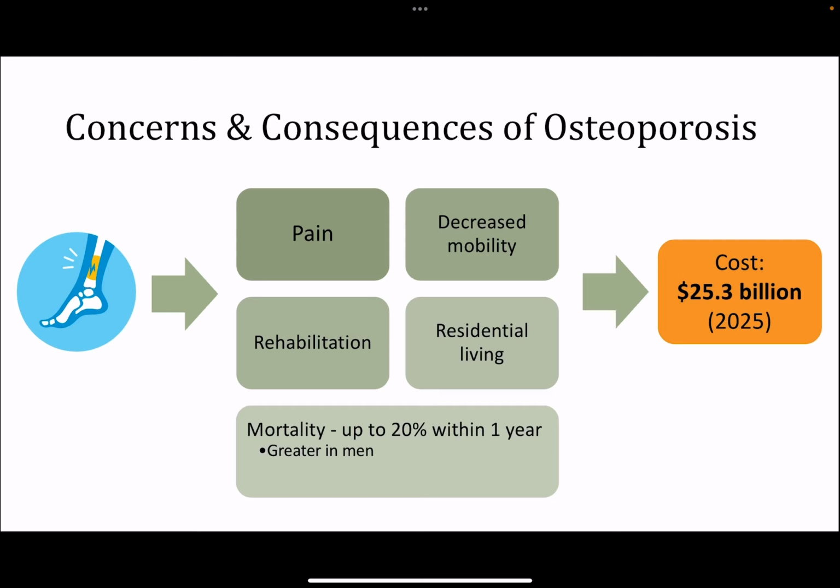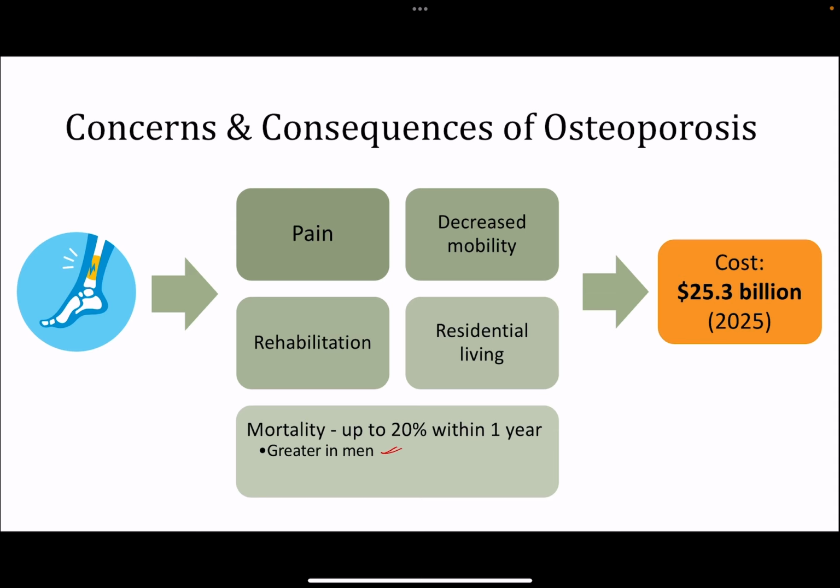So osteoporosis itself isn't the bad guy. It's the fractures that result from low bone density. I already mentioned the risk of mortality, and in general, there's up to a 20% chance of mortality within 1 year, and this is greater in men.